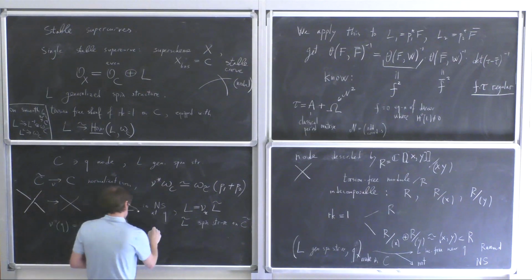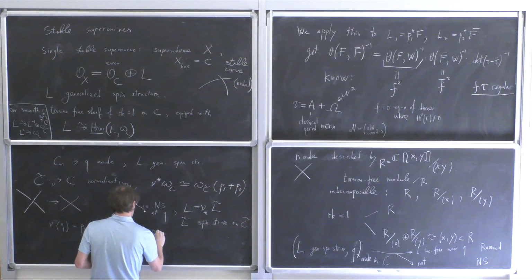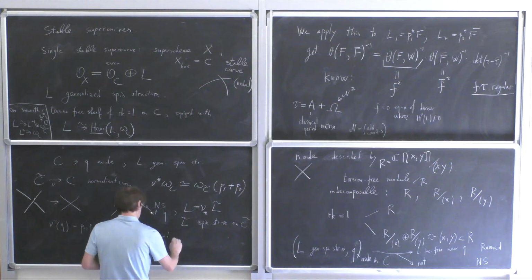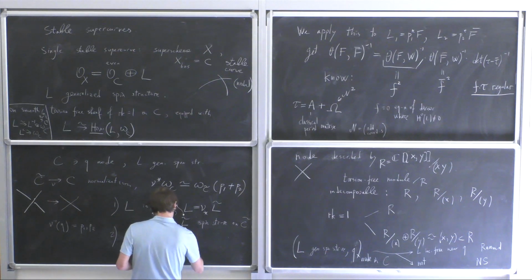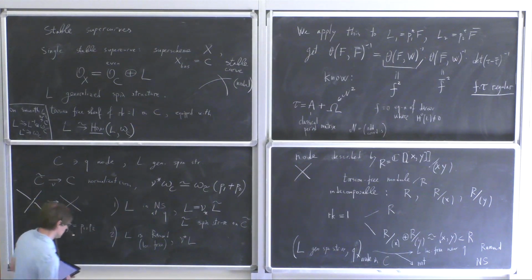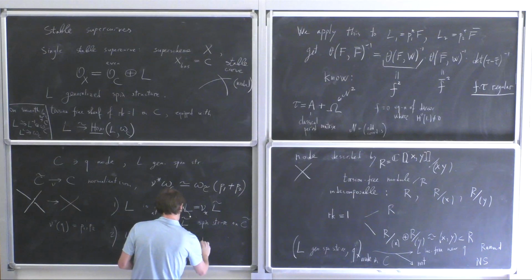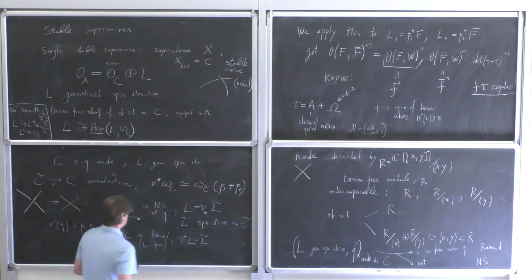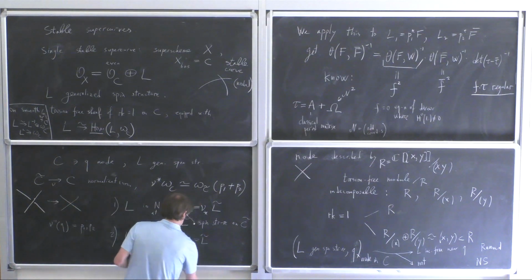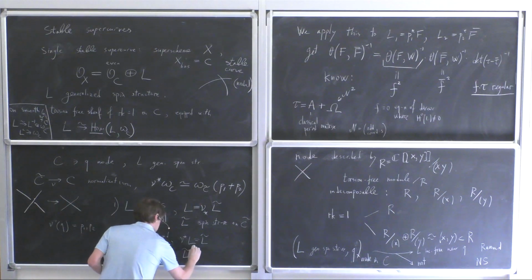Now, if L is Ramond, if it's locally free, then the pullback of L, let's call it L-twiddle, is going to be again a line bundle on C-twiddle, but it's not a usual spin structure on C-twiddle.